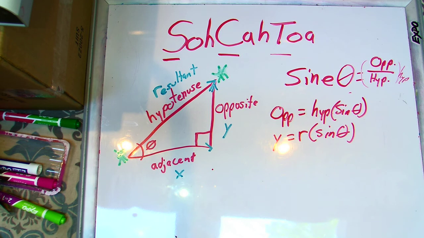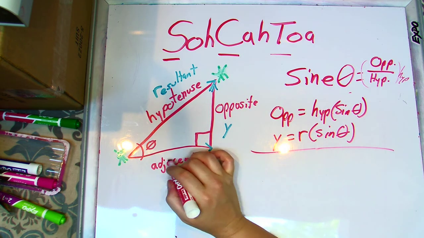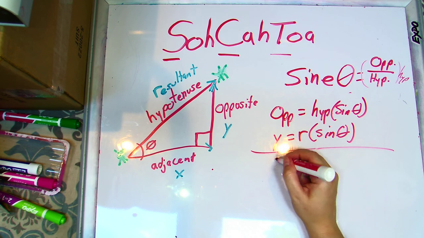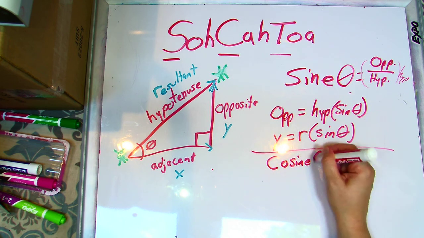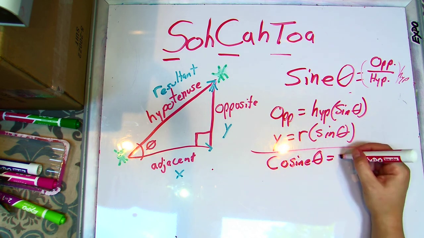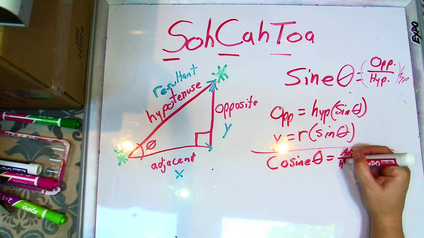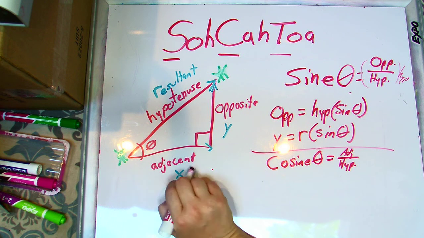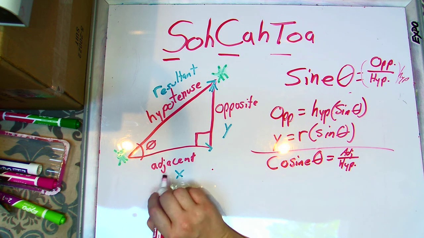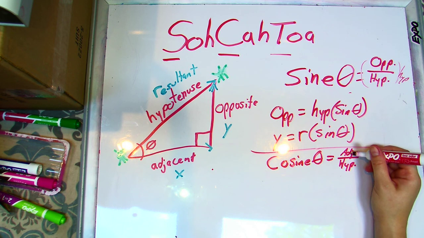Well, very similar to this, what if we want to look at and figure out the horizontal displacement? Remember, that was cosine theta equals adjacent over hypotenuse. Well, to find the x displacement, so the horizontal displacement, that means we want to solve for the adjacent value, which is also the x.